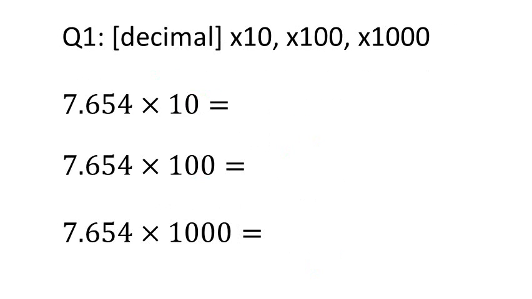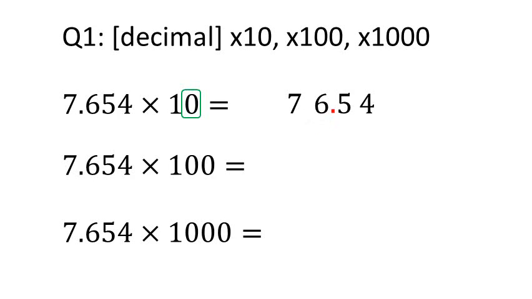Let's try some questions of multiplying decimals by 10, 100, and 1000. The first example is 7.654 times 10. Since 10 has one zero, you just need to move the decimal point one place to the right.